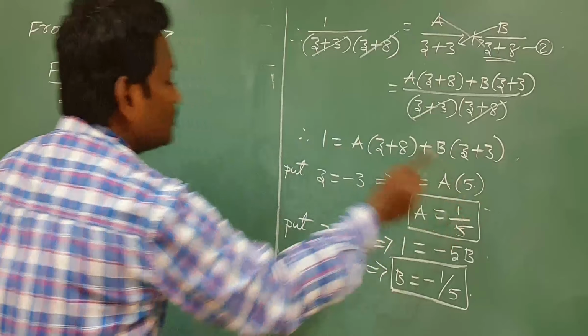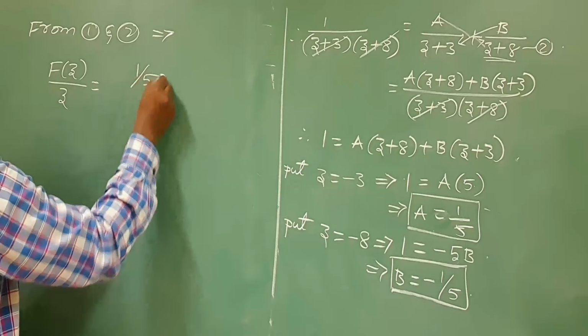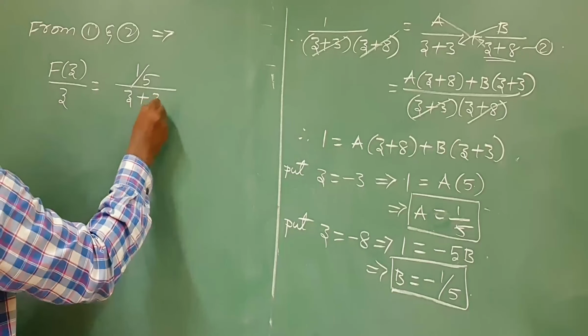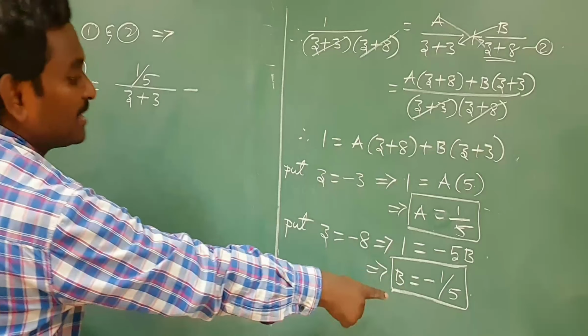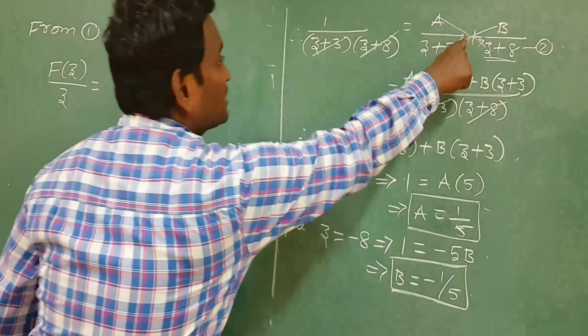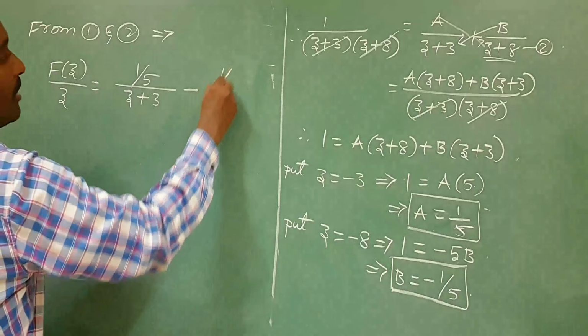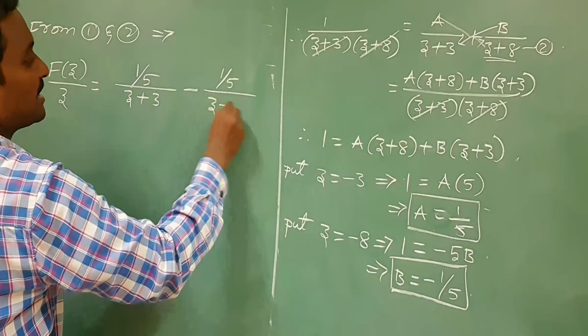What is a value? 1 by 5. 1 by 5 by z plus 3. B value is minus 1 by 5. That is why directly I am writing plus into minus, minus 1 by 5 by z plus 8.